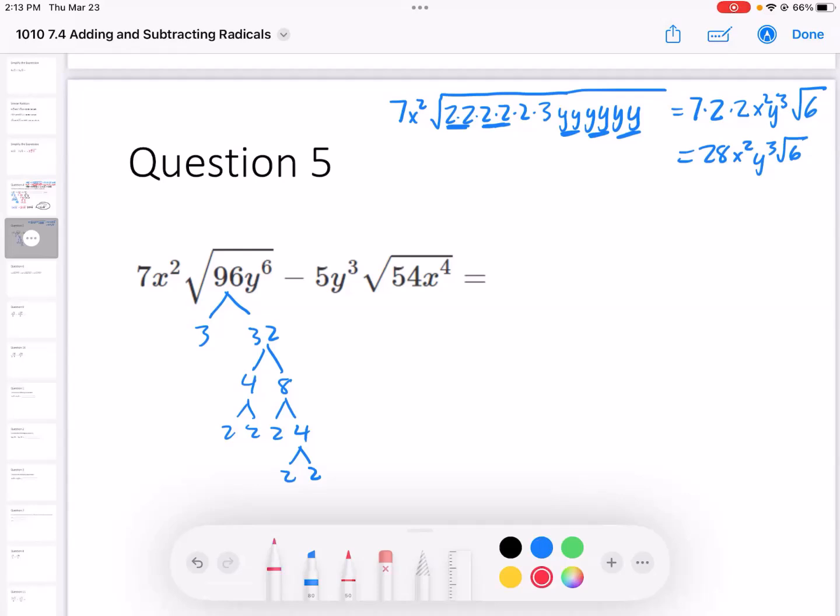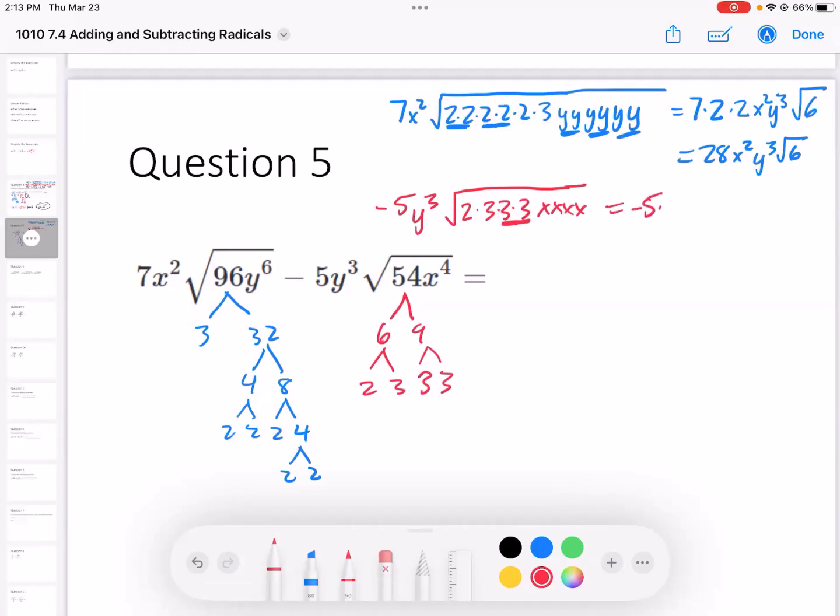And then for the second term, I have negative 5y cubed, and 54 factors into 6 times 9, 6 factors into 2 times 3, 9 factors into 3 times 3. So I'll have the square root of 2 times 3, 3 times 3, and then I'll have 4 x's. And when I square root that, the square root of 3 squared is 3.